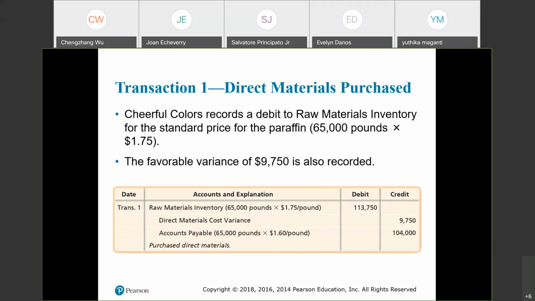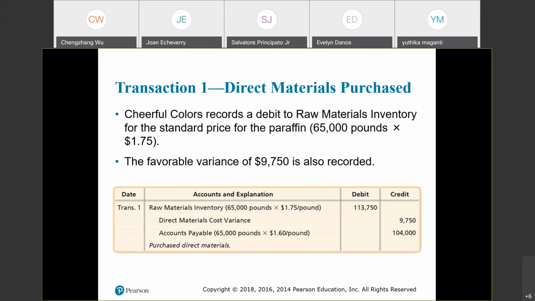Well, let's take a look at this example. Transaction 1 records the debit to raw materials inventory, which is recorded at the actual quantity of paraffin purchased at the standard cost.